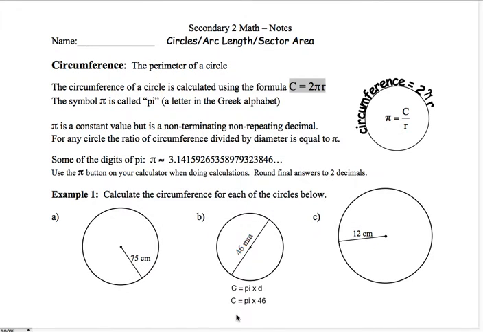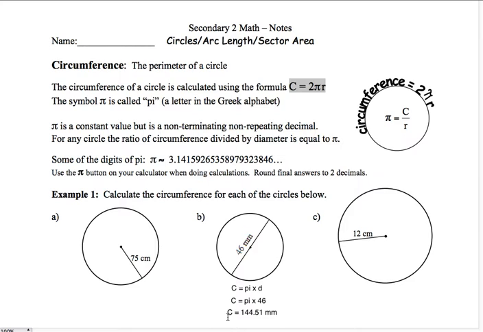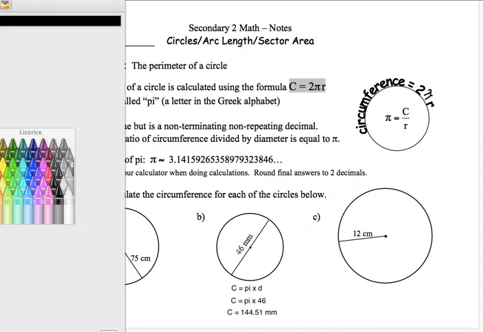So I write in my answer here, circumference equals 144.51, and I put the units. I always have to have those units in my final answer, like that. And then, of course, to make sure that it's clear that that's my final answer, I'm going to circle that or put a nice square around it or something to show that I've got it.